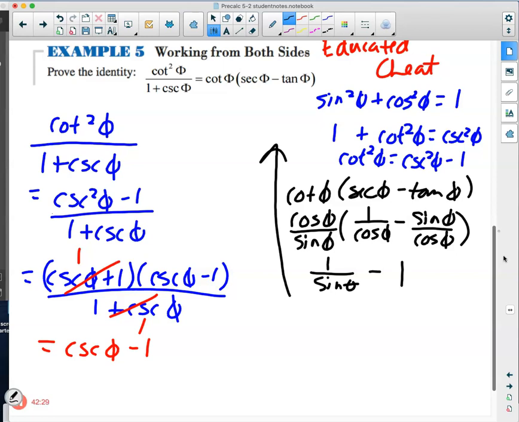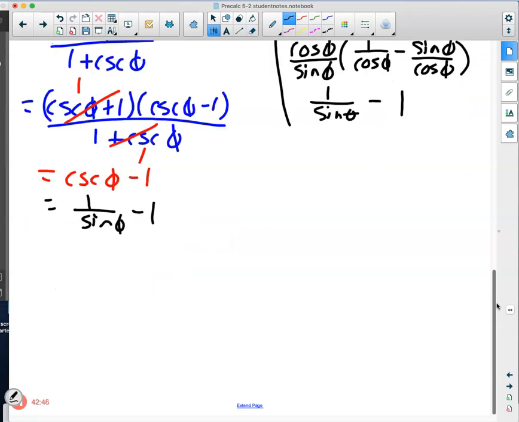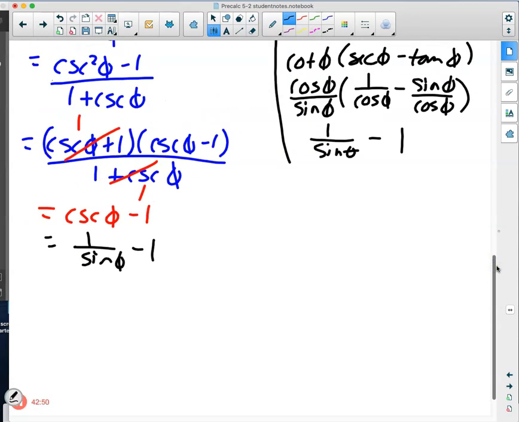That is absolutely a strategy for trig proofs. Absolutely. When the proof starts to feel like it's getting away from you, go from the other end. So this is 1 over sine of phi. And now I'm writing theta. Minus 1. Then we'll break it up into those two primary trig functions of cosine and sine.